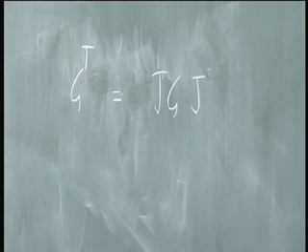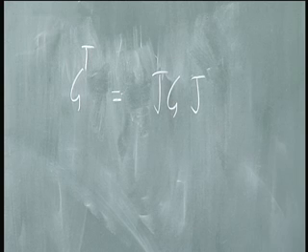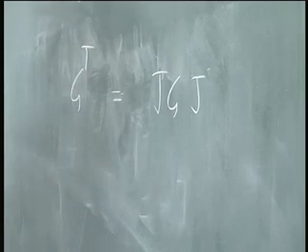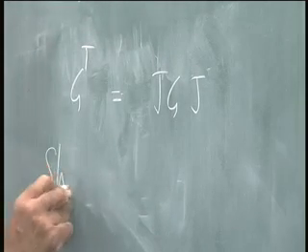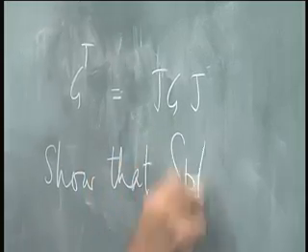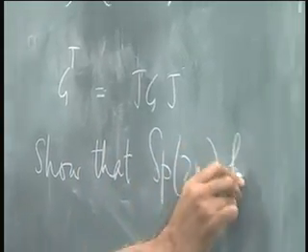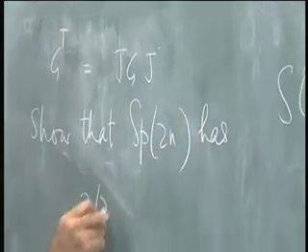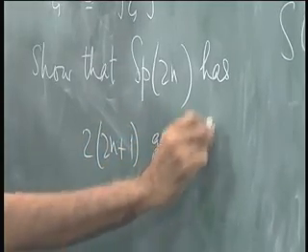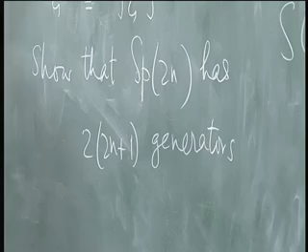The transpose of this generator must be equal to J G J, and now you can count how many parameters it must have. So I leave this as an exercise to you to show that SP(2n) has n times (2n plus 1) generators.